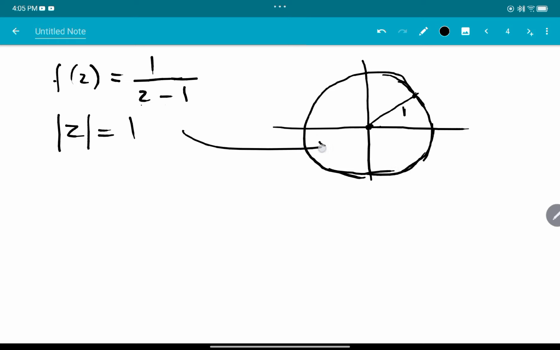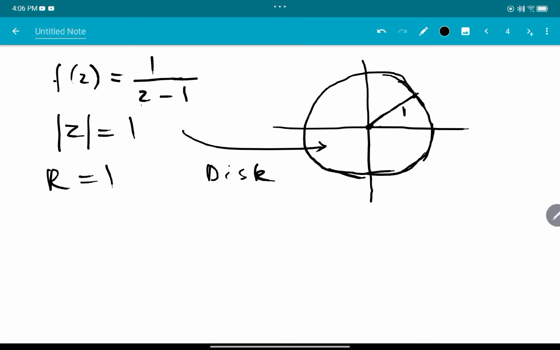Disk of convergence is that part of the complex plane where a function is convergent, or analytic. Disk of convergence means that circular area in the complex plane where a function is analytic, and exactly at the boundary of the disk it is not analytic. This distance is called the radius of convergence. So the radius of convergence of this is equal to 1.